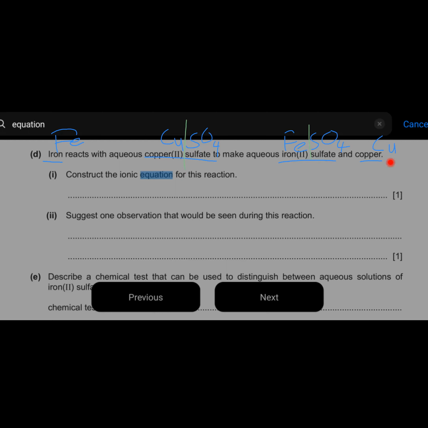So let's write it here directly. Iron plus copper 2 plus gives iron 2 plus and copper.